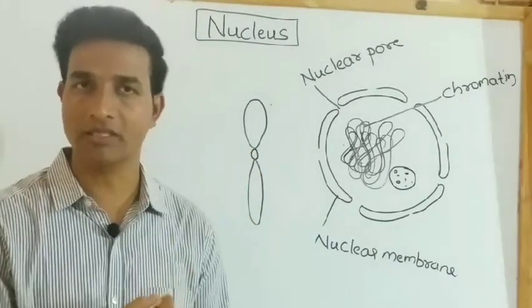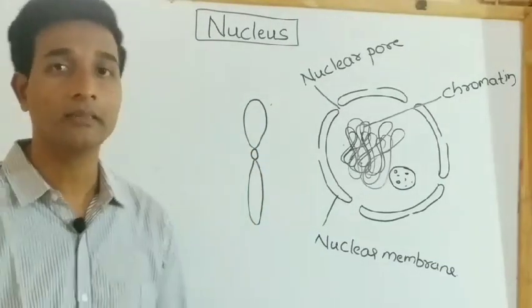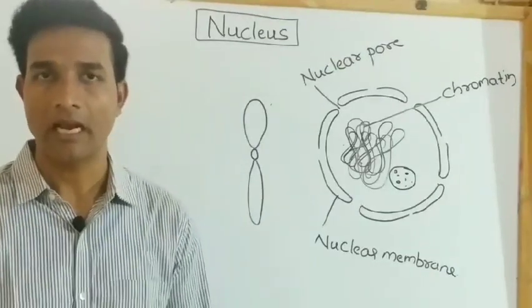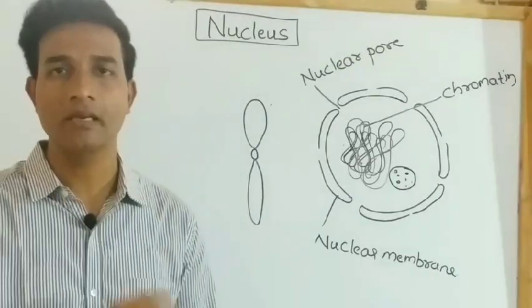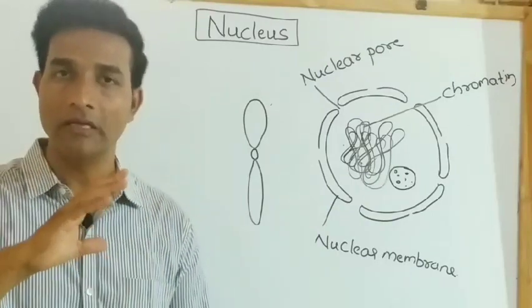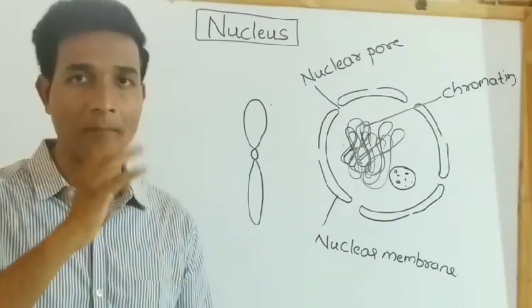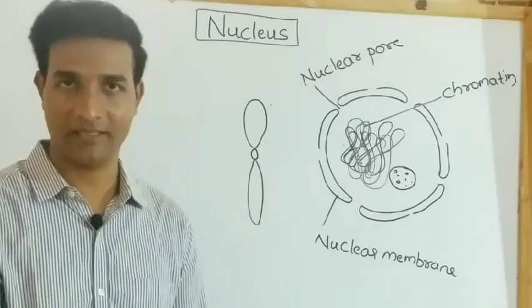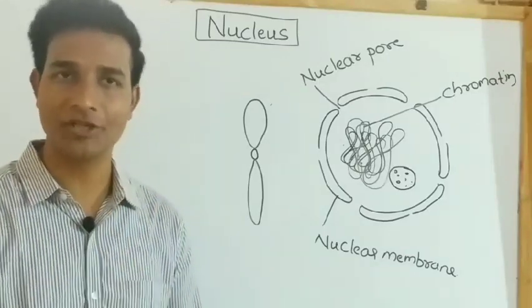These rod-shaped structures can be seen only when the cell is dividing. These chromosomes contain information for the inheritance of characters from the parents to the offspring, that is, from the parents to the children.